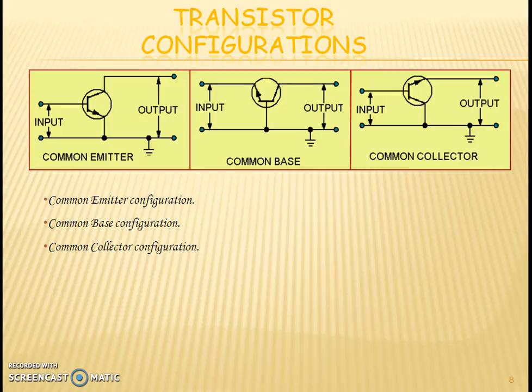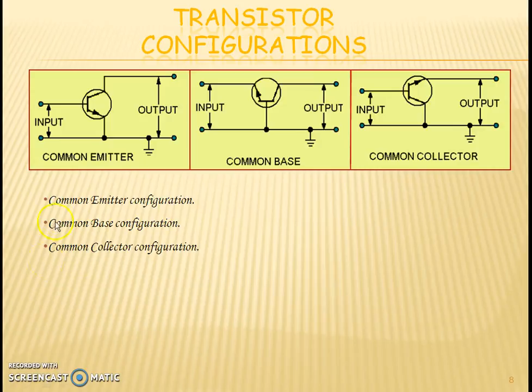The input is fed to this common terminal and one of the other 2 terminals. The output is obtained between the common terminal and the remaining terminal. Transistor is configured based on the common terminal. So we have 3 configurations of a transistor. First is common emitter configuration, second is common base configuration, and the third is common collector configuration.